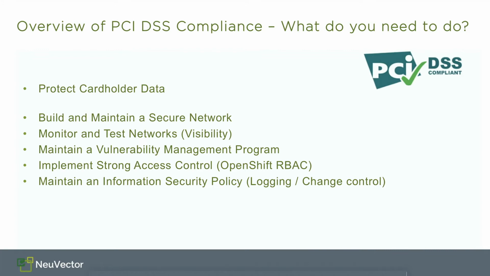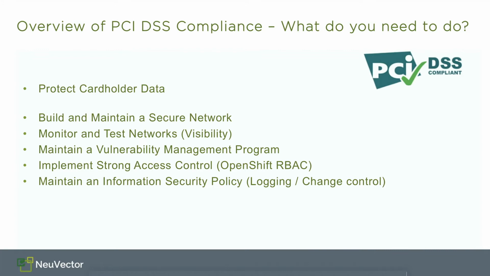First and foremost, you should build and maintain a secure network, which is why we're here today and talking about it in detail. You must be able to monitor and test your network, and with that comes adding visibility into your networks, both north-south as it pertains to in and out of the internet, or to existing hosts, as well as east-west traffic inside the Kubernetes cluster.